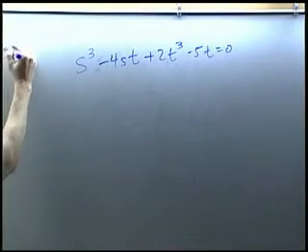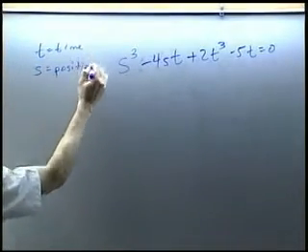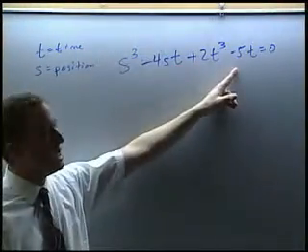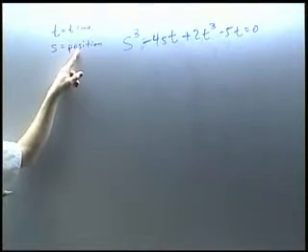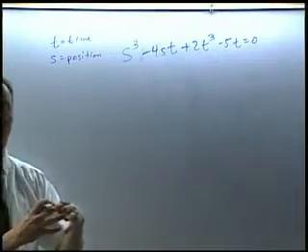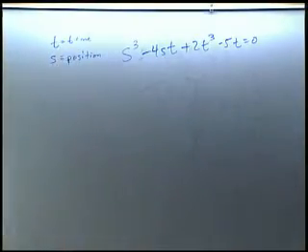So t is our time component, and s is the position or the location of the particle at that time. If I plug in t equals 0, that would tell me the position of the object when I start looking at it. If I plug in t equals 1, that'll tell me where this thing is at 1 second later, or 1 minute later, or whatever time unit is in this problem.